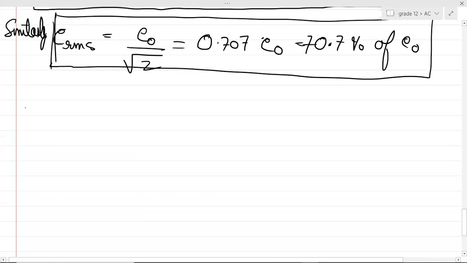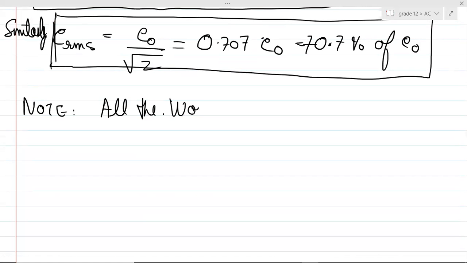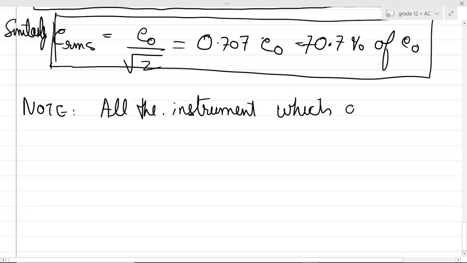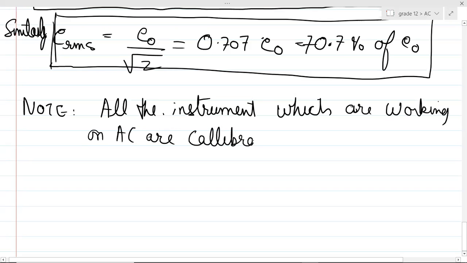So एक note लिखें. Whatever instruments which are working on alternating current, and that includes most of the instruments which you have, all of them are calibrated against the RMS value.